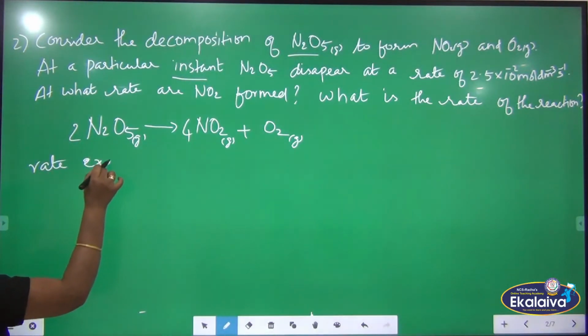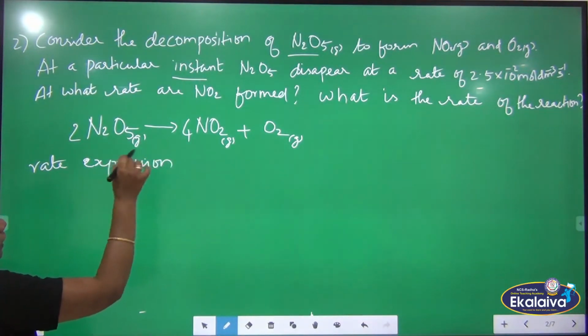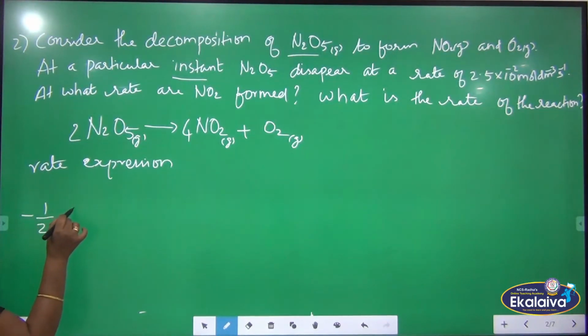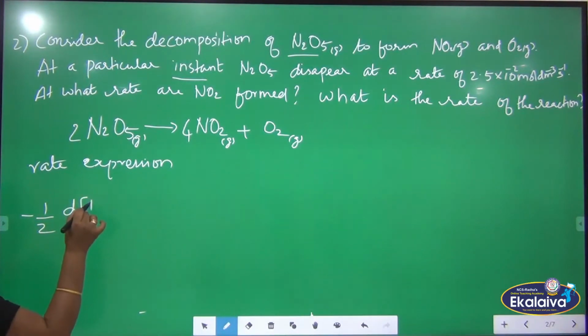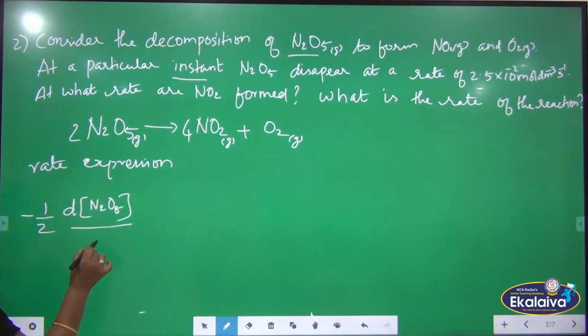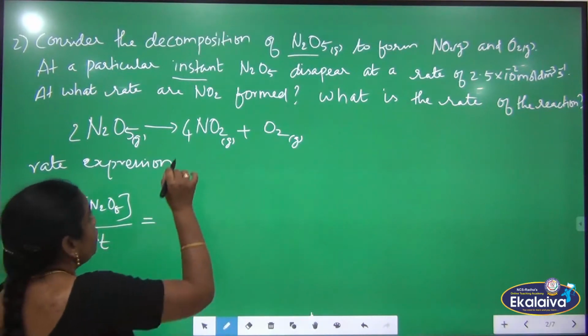The rate expression for the above reaction is: minus 1 by 2 change in the concentration of nitrogen pentoxide divided by change in time, that is equal to the product.